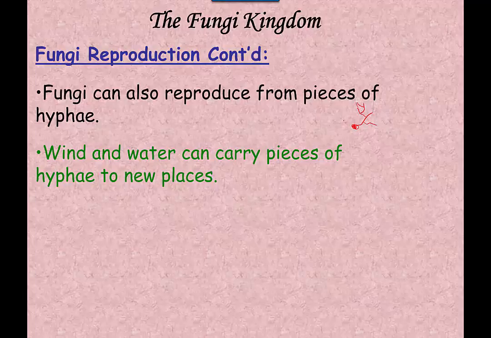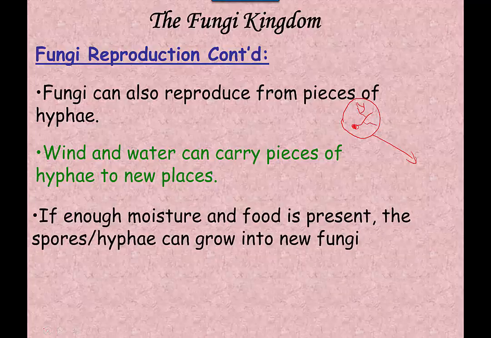So if this little piece got broken off from a larger mycelium, this can certainly survive all on its own, and it can be carried elsewhere in a rainstorm or in the woods, in the wind, and then whenever it lands, it will just continue to grow.